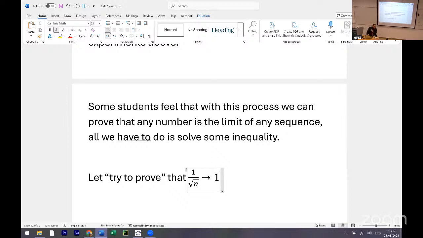We wish to prove that the limit of 1 over the square root of n is 1. That is absurd. It's obviously not the case. 1 over square root of n actually tends to 0. But we'll try to prove something false, and we're supposed to say that it won't be possible. Something would fail us. Agreed?